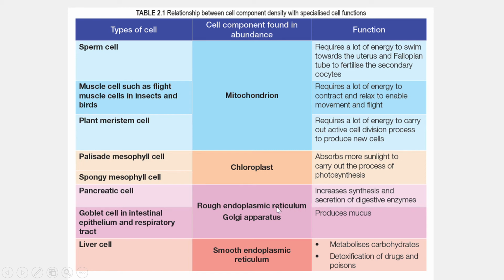So how to relate this? We know that enzymes are made up of proteins. Okay, so RER is involved in transportation of protein. Okay, Golgi apparatus, the center of packaging and modifying those proteins that have been synthesized at the ribosome and transported by the RER.